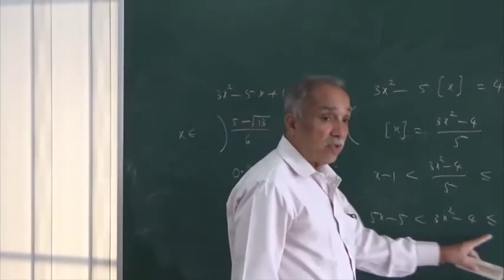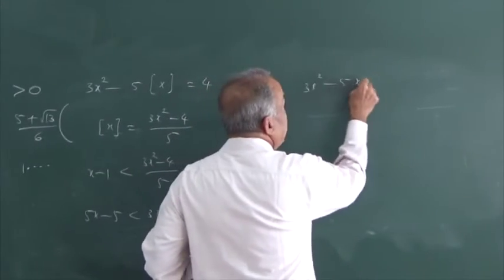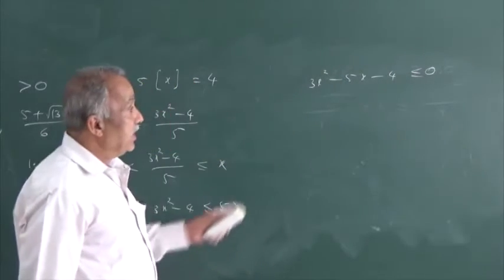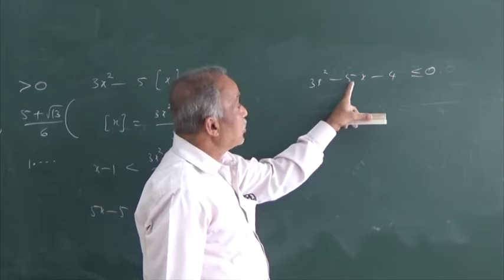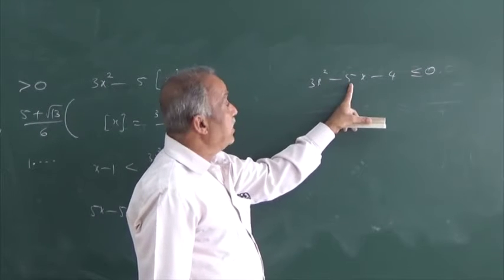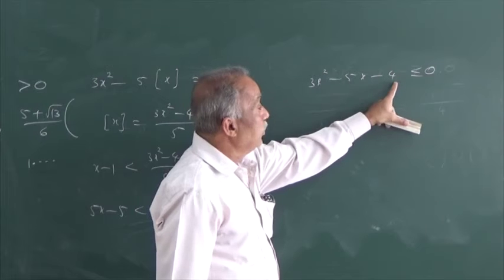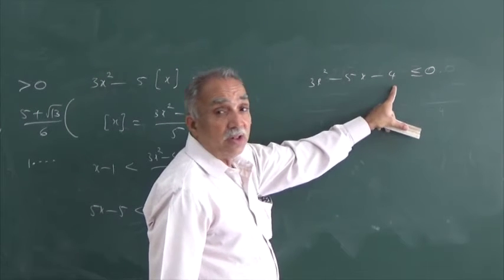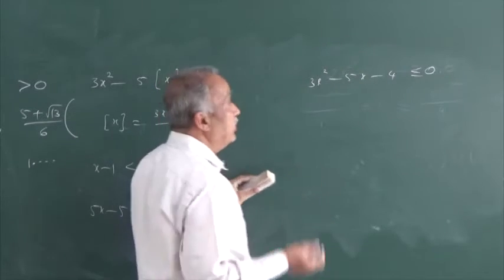Now, the other part of the inequality, 3x² − 5x − 4 ≤ 0. At least, is this quadratic factorizable? b² is 25 minus 4ac, 4 into 3 into 4 is 48 with the negative sign. 25 plus 48, no, not a perfect square. Again, I have to depend on the roots of the equation.